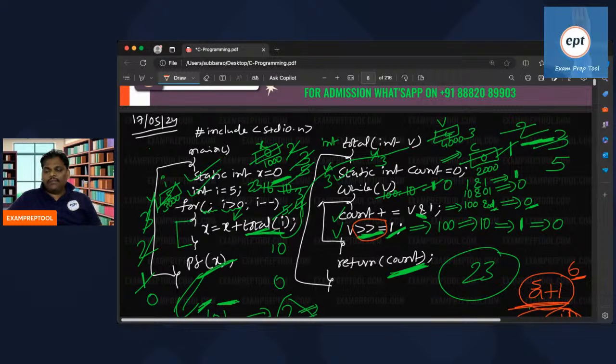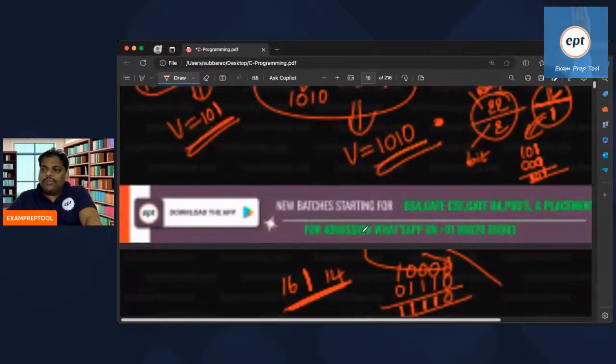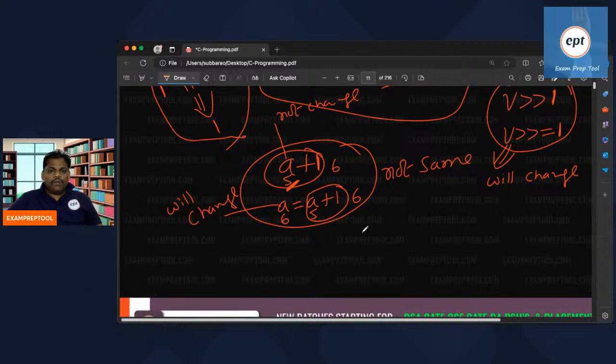Second one, what is right shift? Third one, what is left shift? Fourth one, what is bitwise AND and what is the relational AND? Bitwise OR, what is the relational OR? So please take care. It is a very nice problem. One problem covered so many basics.